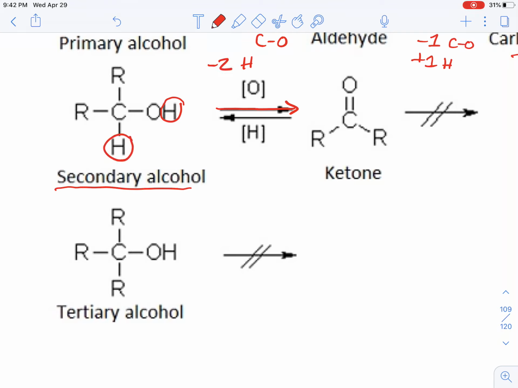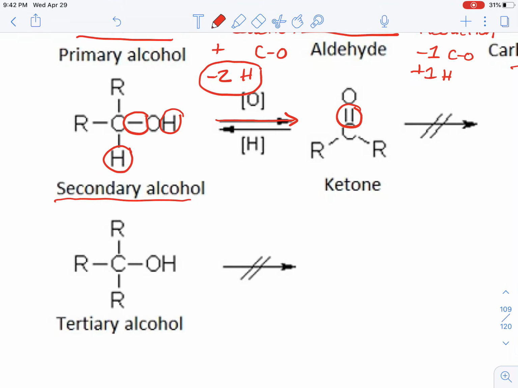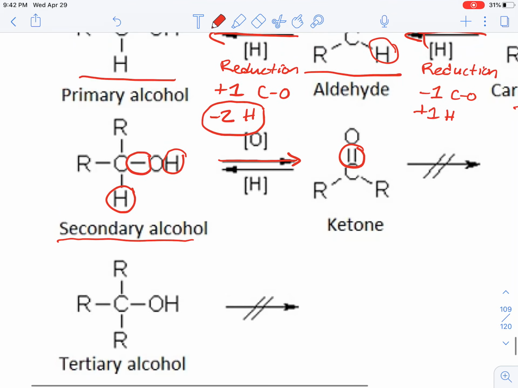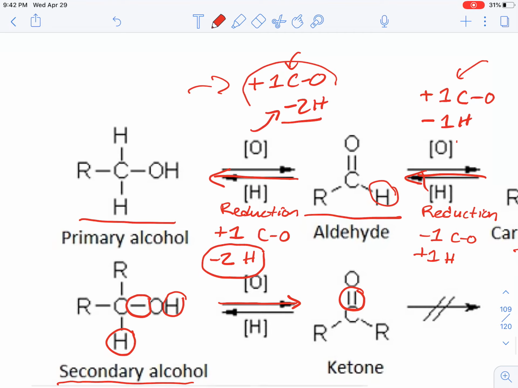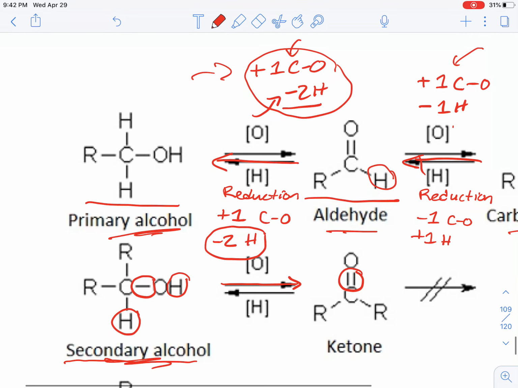So we're going to take away two hydrogens. And notice that we gain an extra bond between carbon and oxygen. So we're going to add one bond between carbon and oxygen. It's very similar to the first oxidation from primary alcohol to an aldehyde. The process is the same, so we're losing the same number. I'm going to erase the reduction part so there's no confusion.